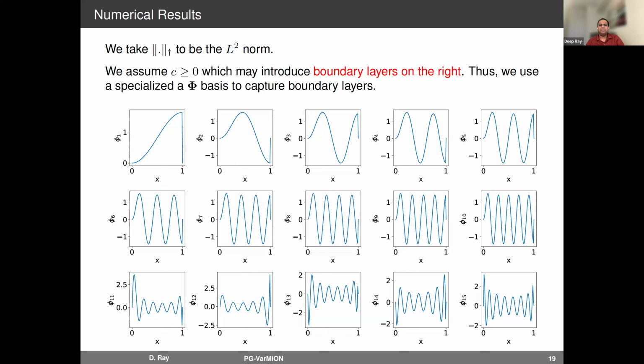So you need a much larger basis to try to learn what's happening with the boundary layer on the right-hand side. At that level, it becomes computationally difficult to even train a network. You can do it, but you need many, many more basis functions compared to something more customized.